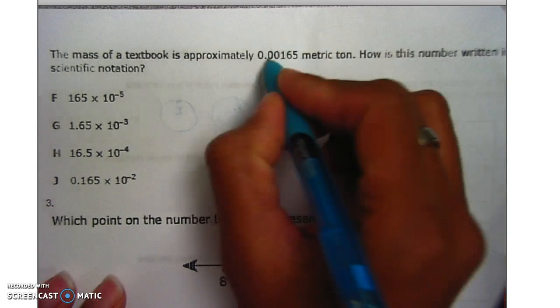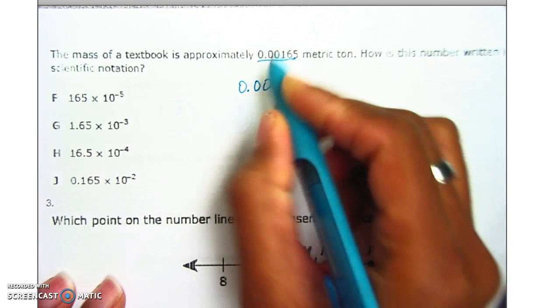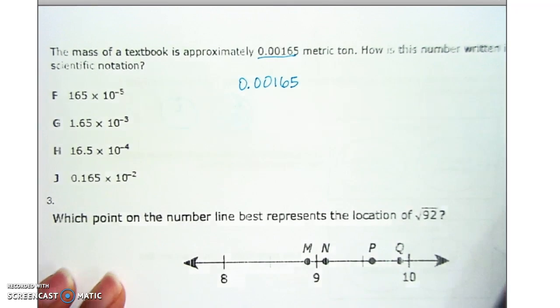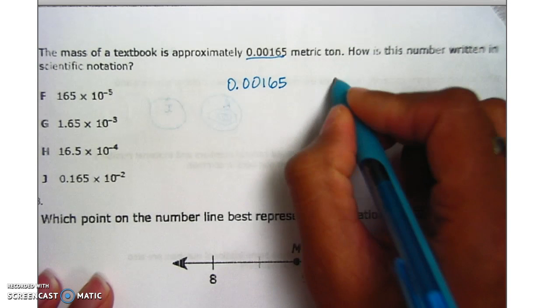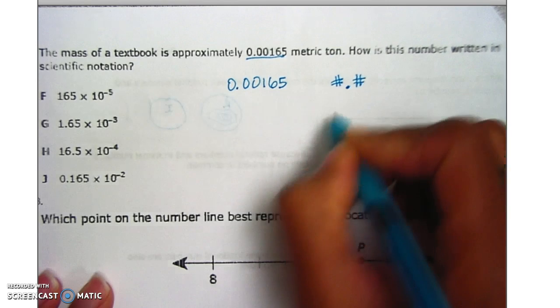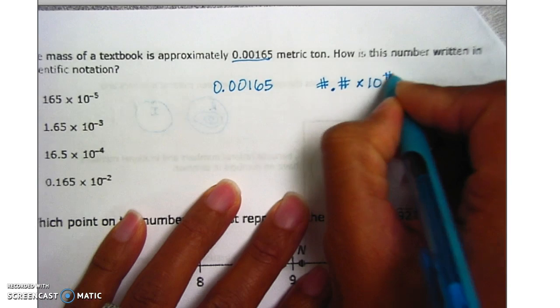Please remember that I said you always rewrite the number 0.00165. Also remember the format has to be a number, decimal point, another number, times 10 to some power.